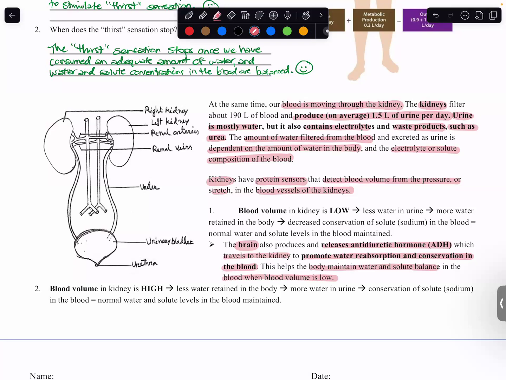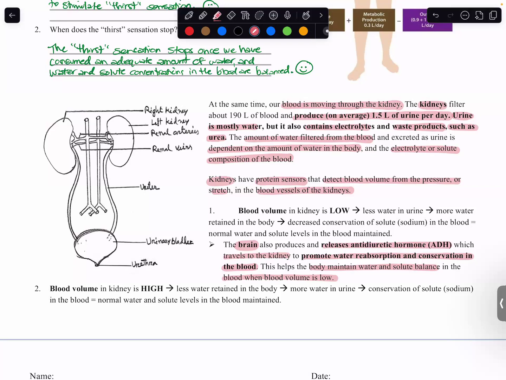Now, number two says, blood volume in kidney is high. So when blood volume in kidney is high, less water is retained in the body. More water is let go in the urine. And there's a higher concentration of solute that's retained in the blood. And that's going to restore normal water and solute levels in the blood maintained, right?